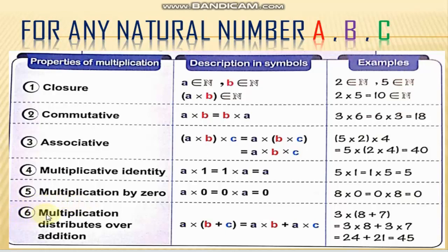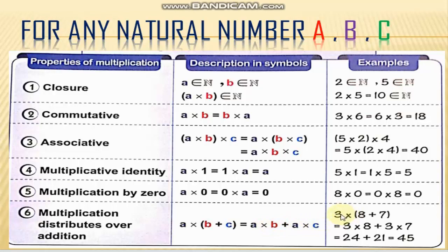Property number 6, multiplication distributes over addition. a times (b plus c) equals a times b plus a times c.